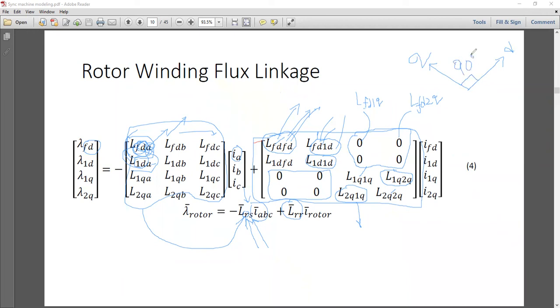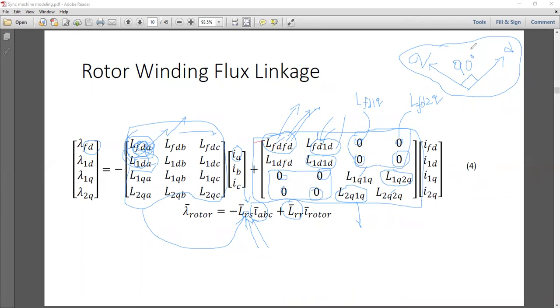They are orthogonal, okay? Yes, so they don't have any mutual coupling. Excellent. So they will be zeros. You can see clearly that wherever you have any coupling between D and Q axis, they give zero entries. Excellent.